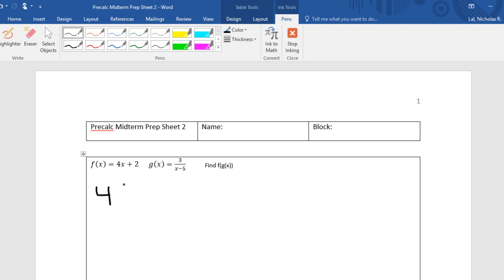Okay, so we have 4 times 3 over x minus 5 plus 2. This is equal to f of g of x.